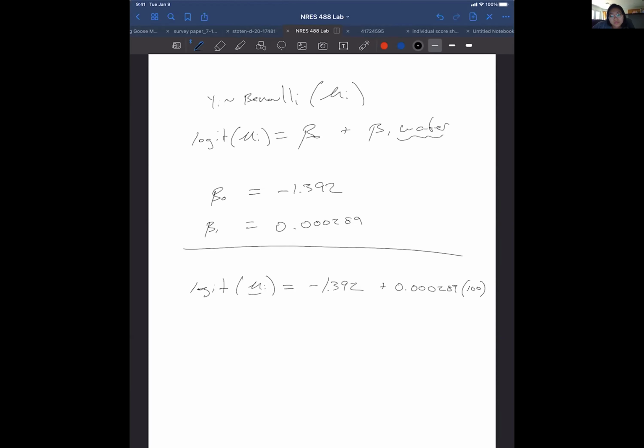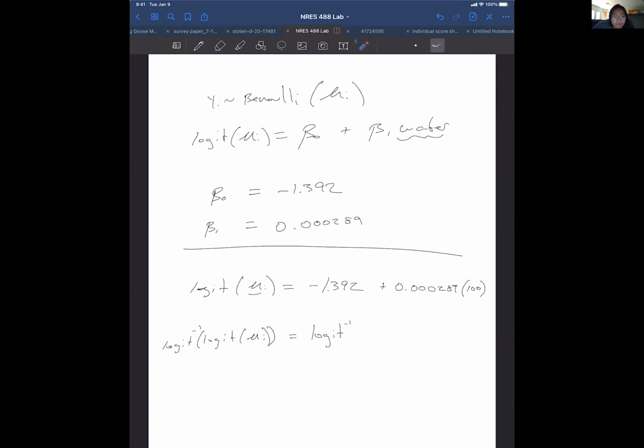So to get mu by itself, we have to get rid of this logit function, which means we have to take the inverse logit of it. So we do the logit inverse of the logit of mu equals the logit. We have to do the same operation to both sides of the equal sign. So we're taking the logit inverse of both sides of this equation.